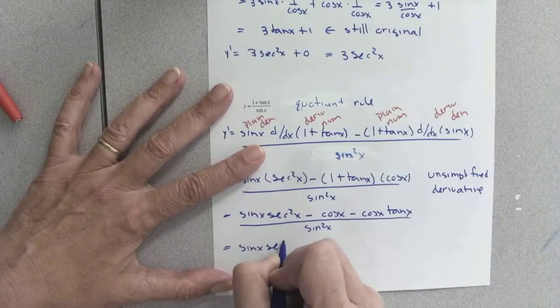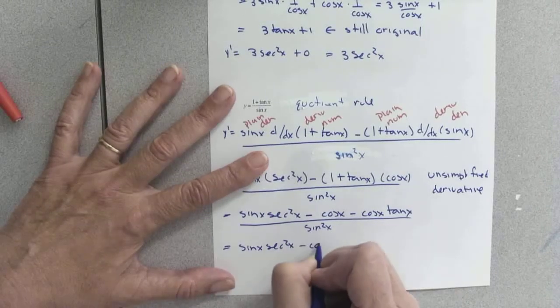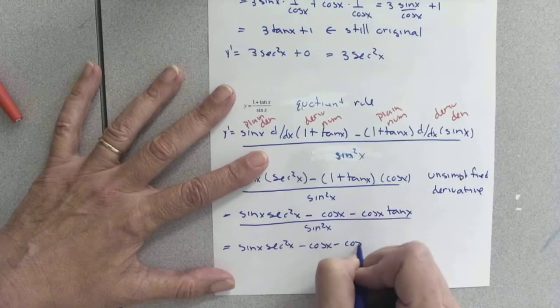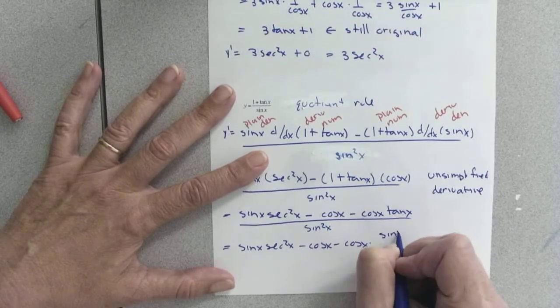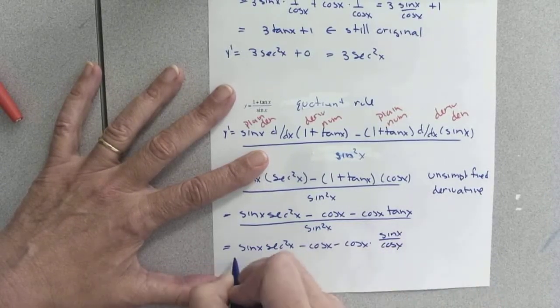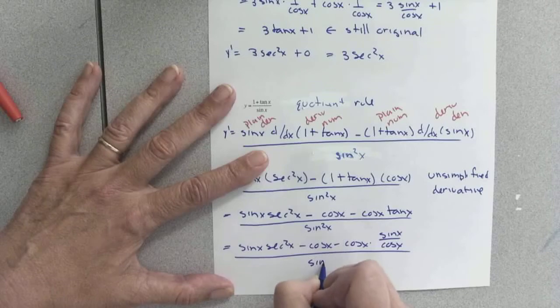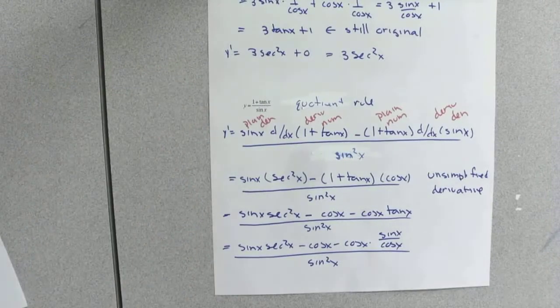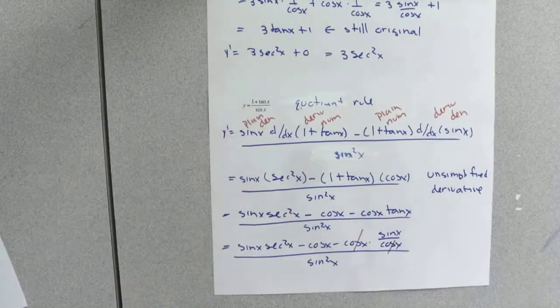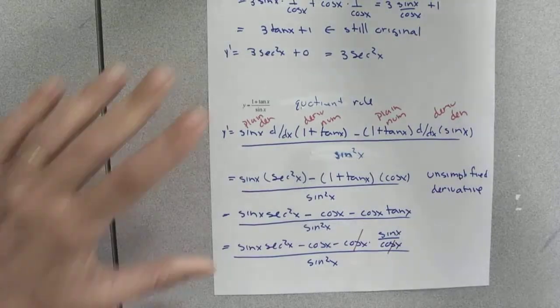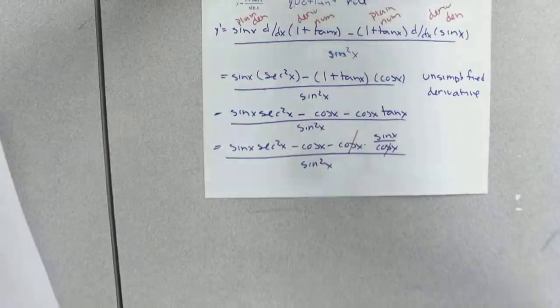Then that's sine x, secant squared x, minus cosine x, minus cosine, and then tangent is sine over cosine. And so I get some good canceling there. Go on to a new piece of paper here.